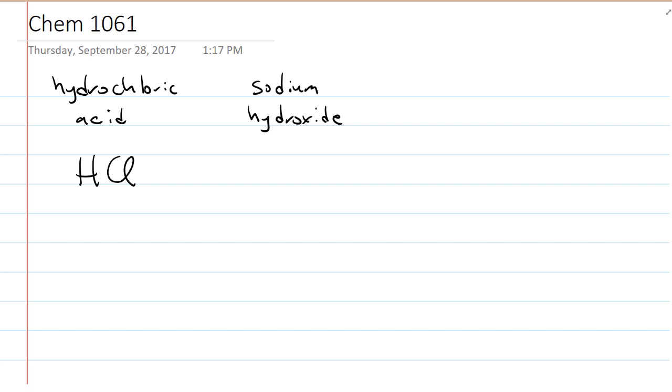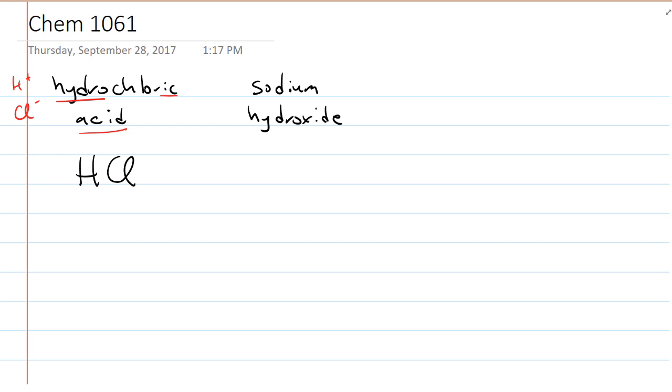And if you've forgotten your nomenclature, remember that a hydro prefix with an ic acid suffix tells us that this is a binary acid. So if it's hydrochloric, that means you have hydrogen with a single plus charge. Chloride is Cl with a single negative charge.